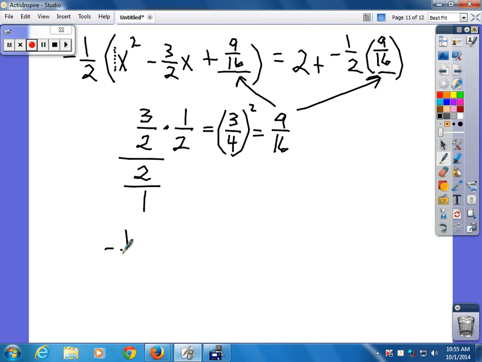So negative 1/2 times what? That's not rhetorical. X squared plus 3 over 2. Well, we got, what is that? Shortcut number what? Which is x what? 3/4 quantity squared is equal to 2 minus, what's 1/2 times 9/16?